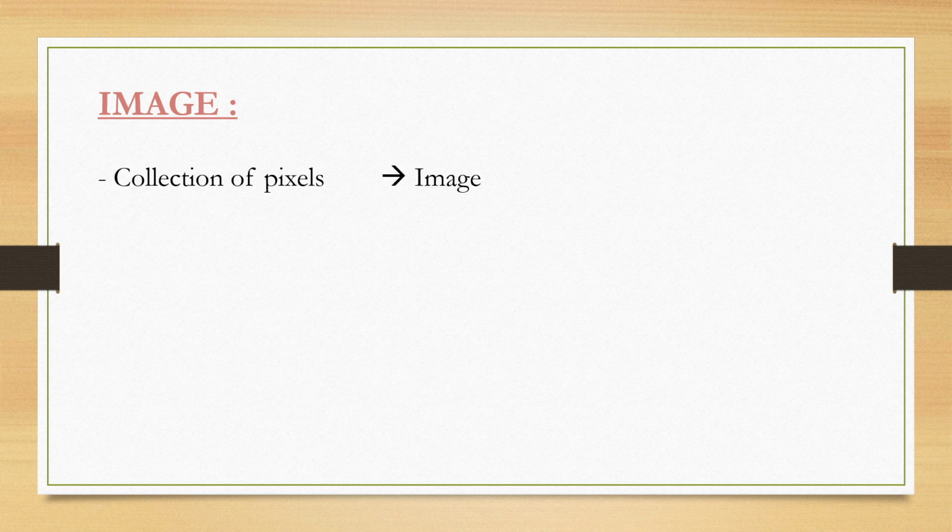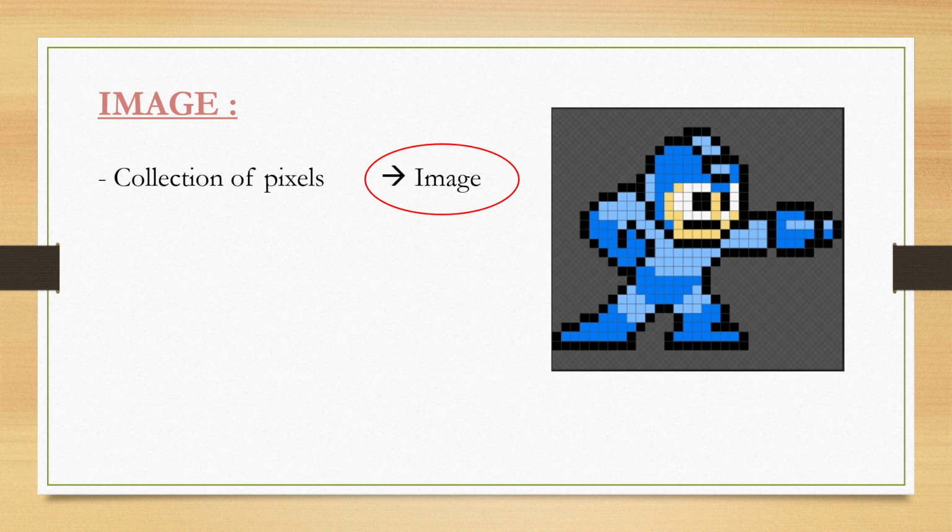But what exactly is an image? It's simple. It's a collection of pixels. That collection of pixels is called the image. Here you can see many pixels combined to form one image, with pixels of different colors, black, sky blue, and so on.